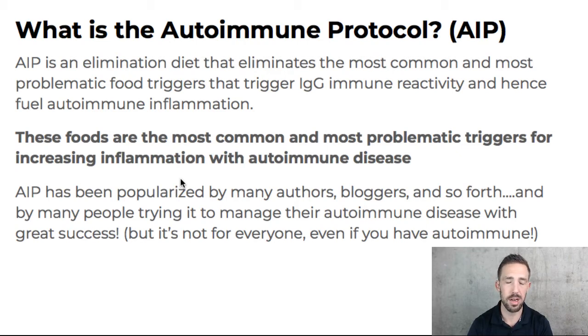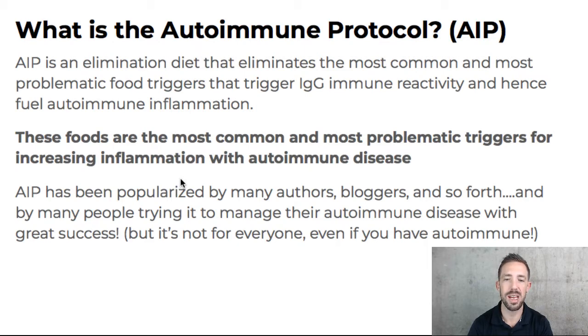And we're going to give credit to those people at the end, who are the resources, who are the pioneers in this. Many people are also trying to manage their autoimmune condition and having good success with it. There are thousands of success stories online, and lots of people that have done an AIP protocol or some version of it.